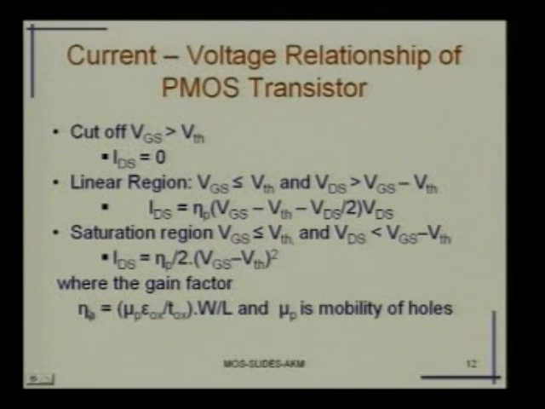One thing we will go on repeating every time, there is a gain factor, it depends on the mobility. Now the mobility of the holes is almost 2.5 times slower compared to the electrons. Electrons being a lighter element will move faster as compared to the holes.